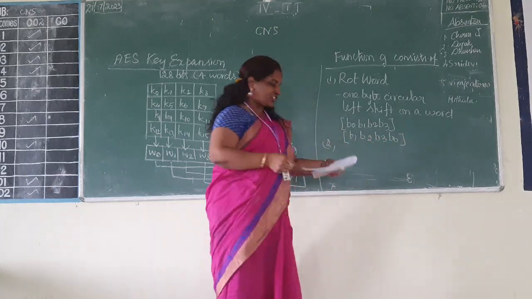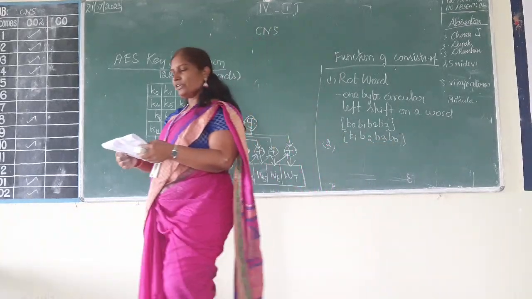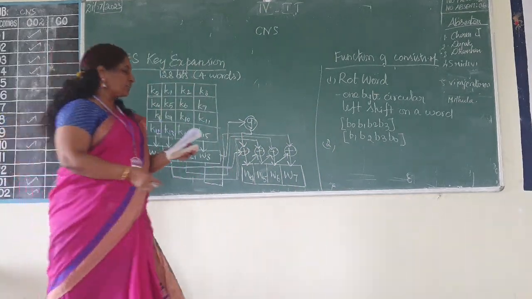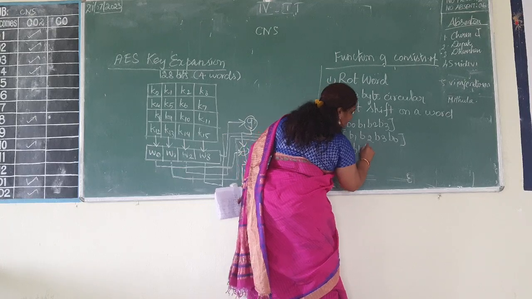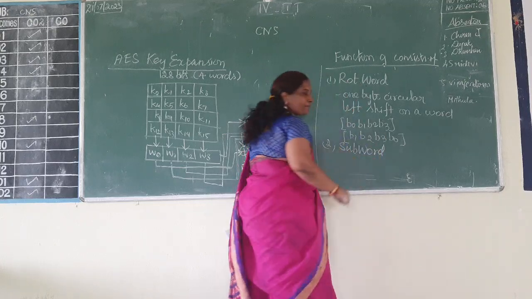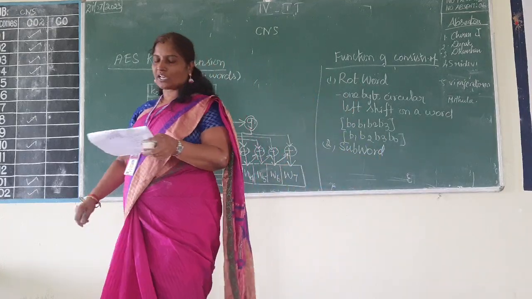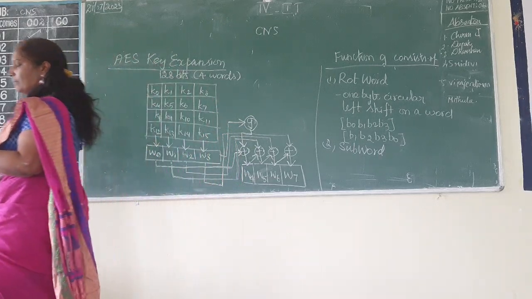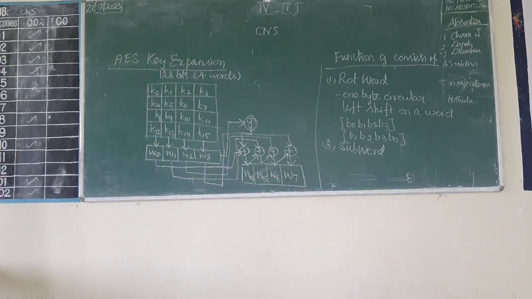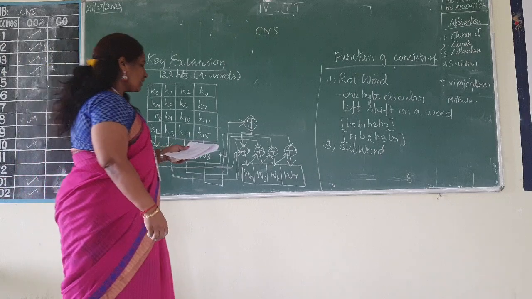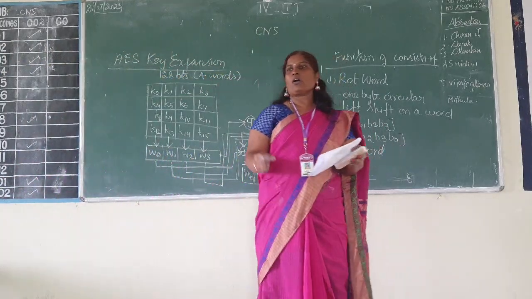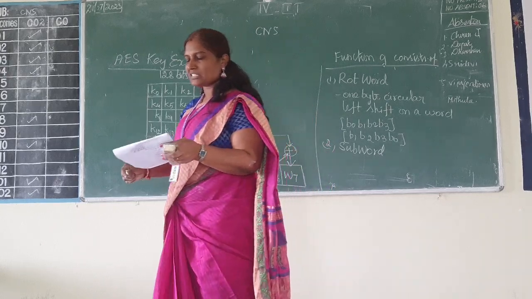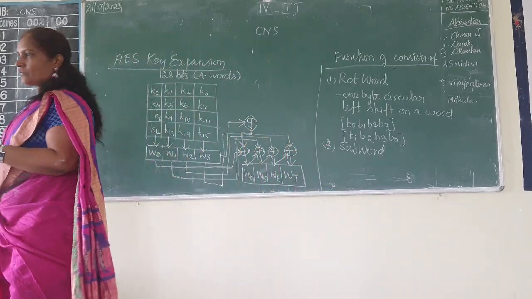The second function in G will be SubWord. Like how we saw substitution byte, in the same way, SubWord. That is the second function in G. SubWord performs a byte substitution on each byte of its input word.